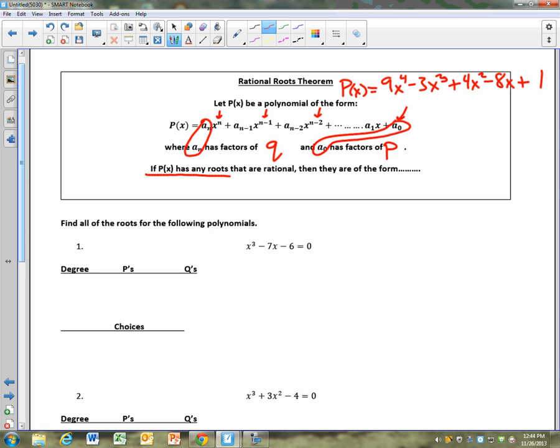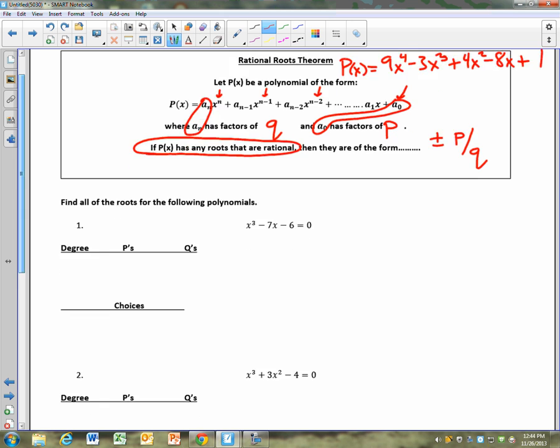If there are any roots that are rational, then they're of the form plus or minus p over q. Yeah, you could read it, but what does it mean? Let's show you. We'll set up a little graphic organizer here for you.